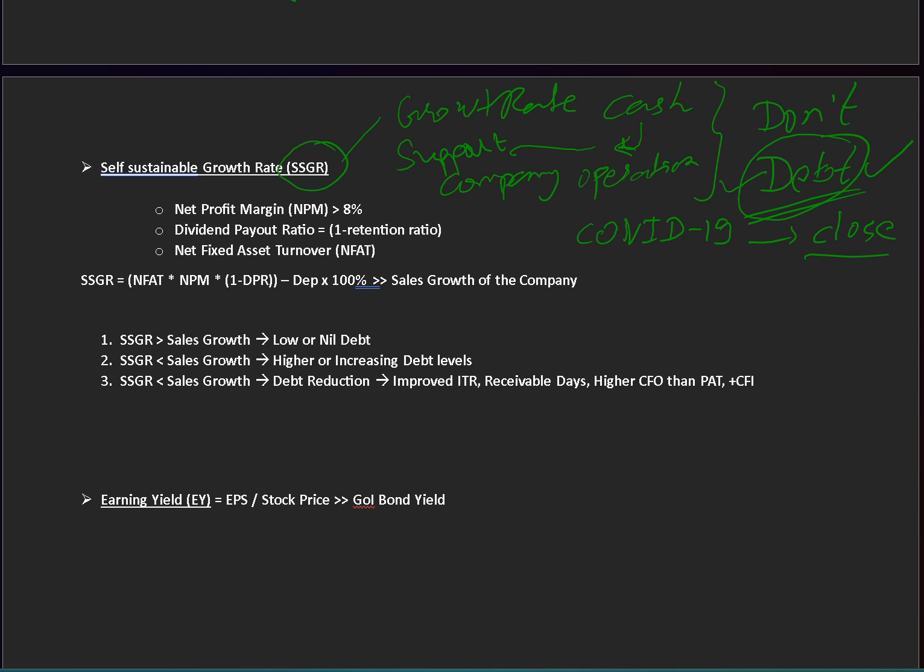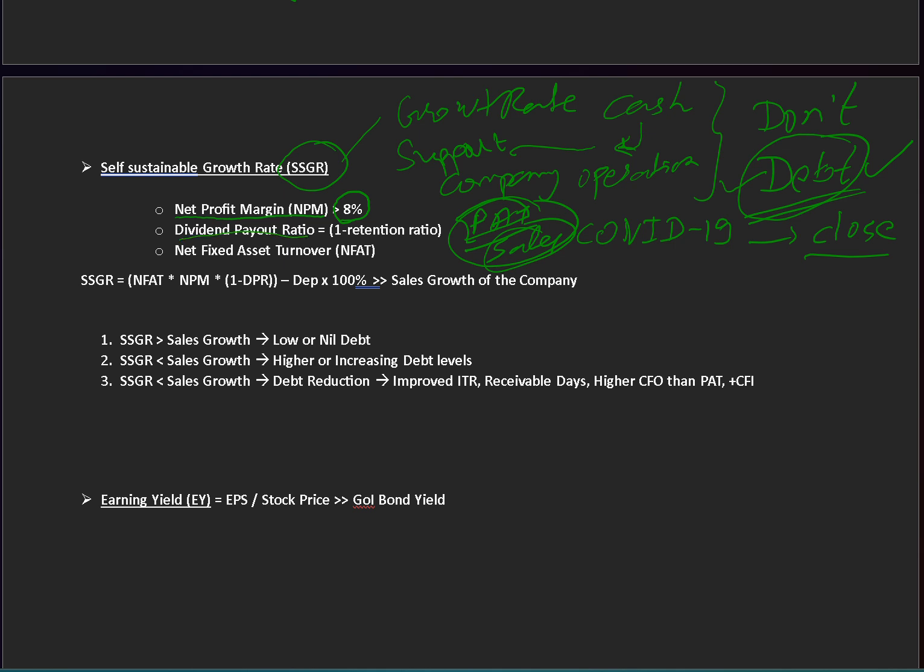Now let's see the constituents of the SSGR formula. First is the net profit margin. It should be greater than 8%. This NPM is nothing but PAT divided by sales. This shows us the net profit margin out of sales. Next is the dividend payout ratio.